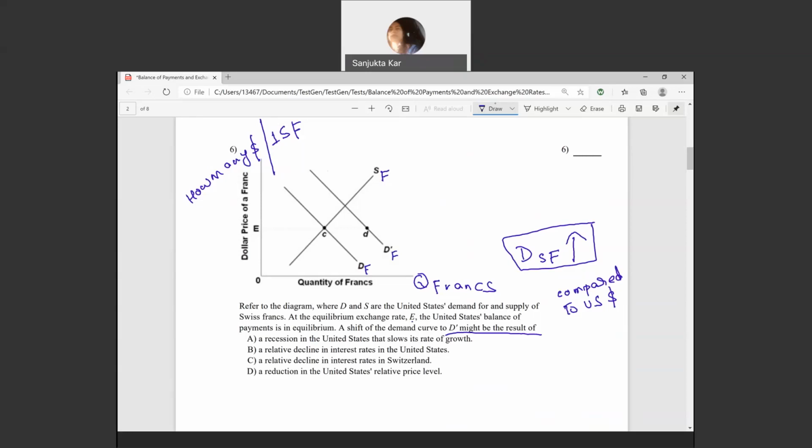This is going to be this one: a decline in interest rate in US compared to Switzerland. So Switzerland has a higher interest rate compared to US, so their demand curve is going to shift to the right. Okay.